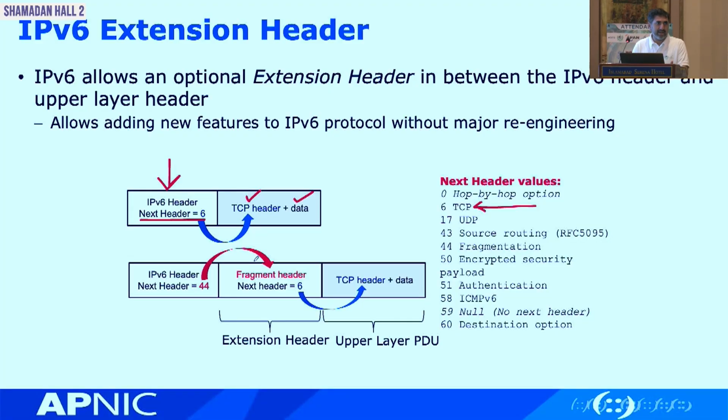The next example is for fragmentation. In case of IPv6, one of the biggest differences with IPv4 is fragmentation. As per the IPv6 RFC or standard, the mandate is that the devices in the middle will not take part in fragmentation. It is the responsibility of the sender to fragment the packet and then send it towards the destination.